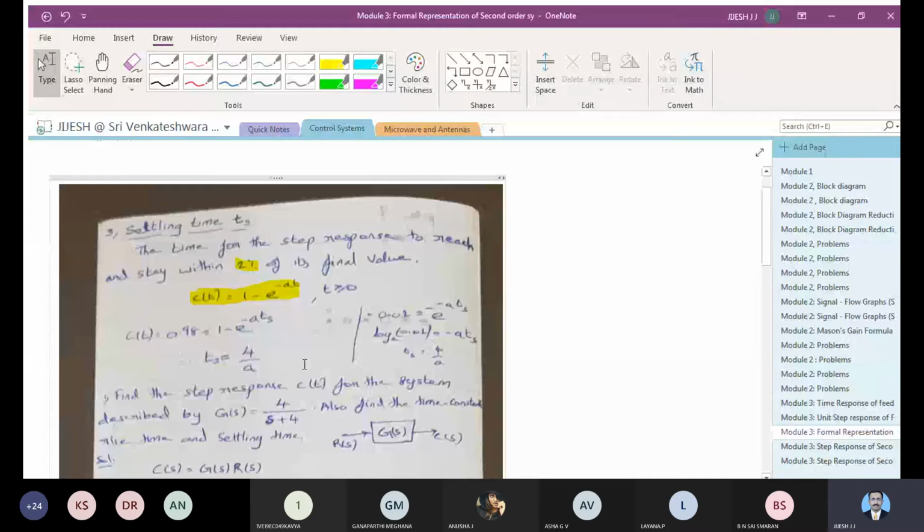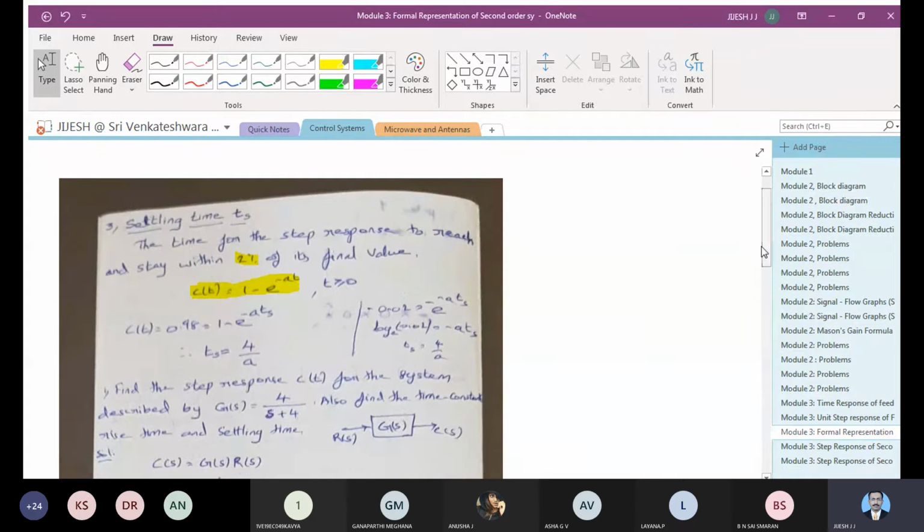In this module we need Laplace transform and inverse Laplace transform basic equations, whatever you studied in mathematics before. If you are not remembering, just go through the book and understand those very basic equations of Laplace and inverse Laplace transform.